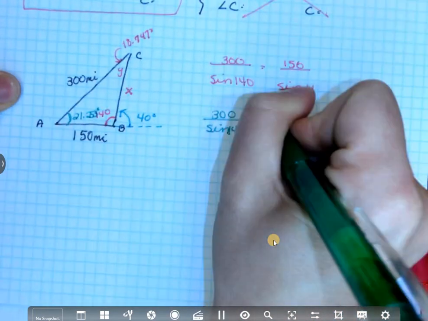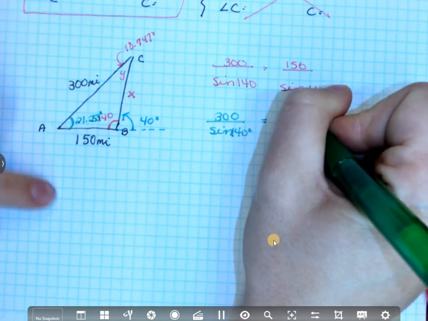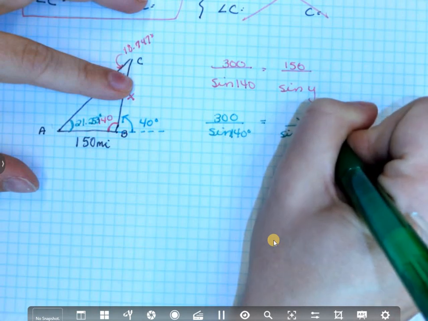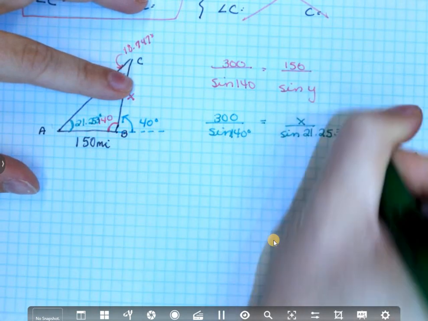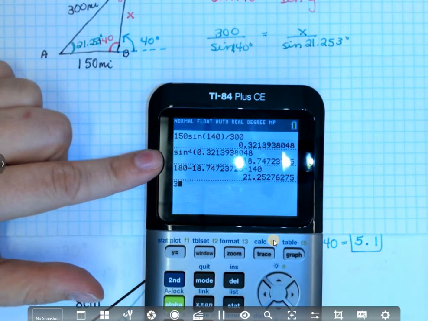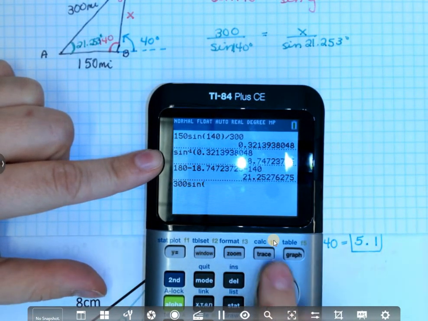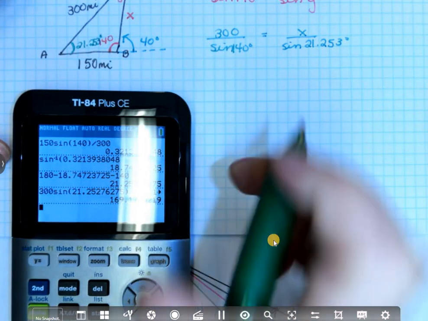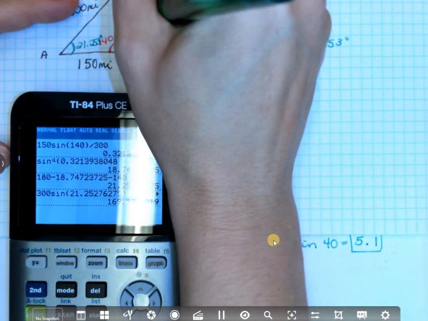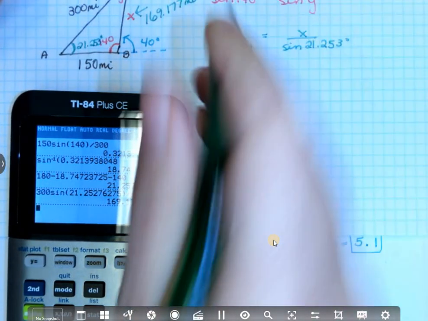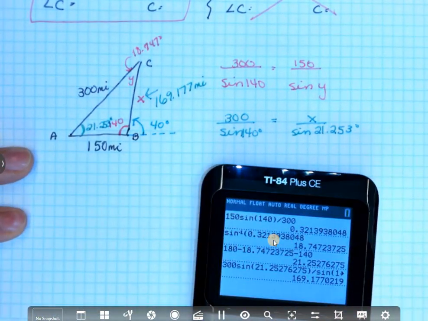Oops, put the 1 there. And that's going to be equal to my x over the sine of the 21.253 degrees. So still with all that stuff in my calculator, 300 sine of that stuff, close it off, divided by sine of 140, and I get that the x here, that dude, is 169.177, and we want to tack that label of miles onto it.